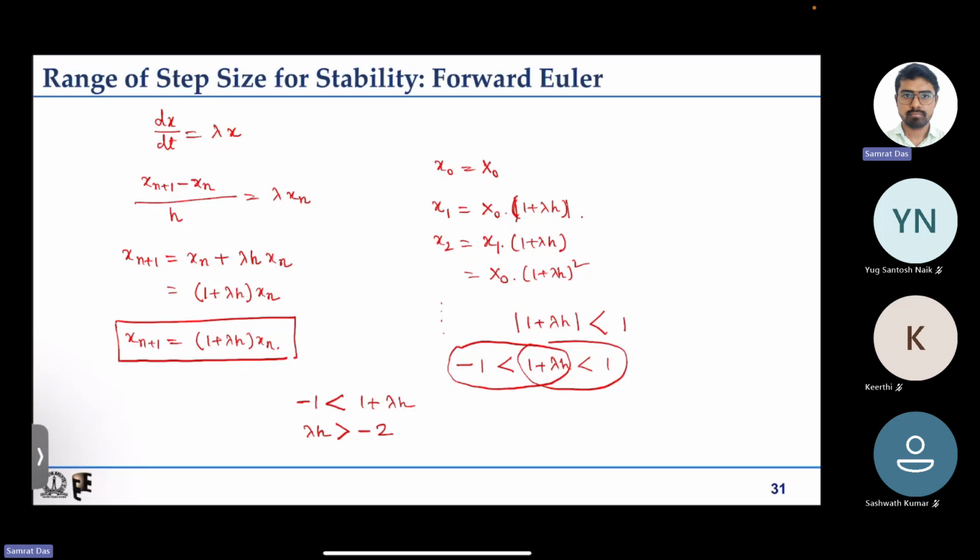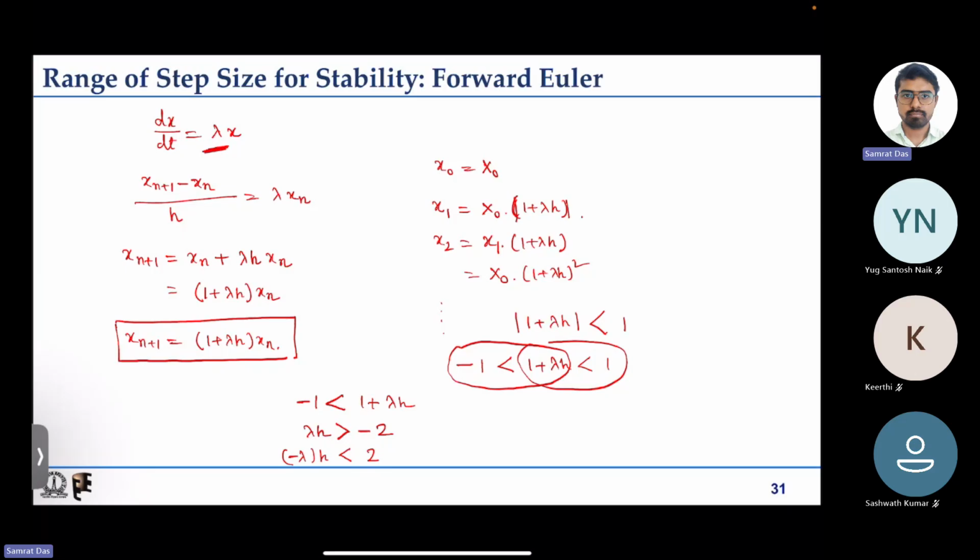So if we multiply both sides by minus, then minus lambda into h is less than 2, and actually you can understand that for this system to be stable, the real part of lambda has to be a negative number.